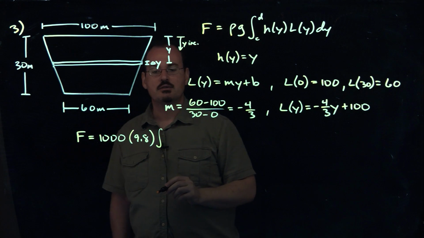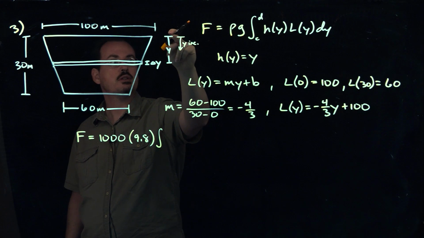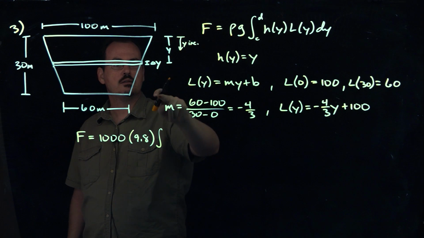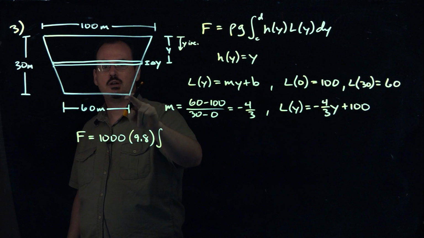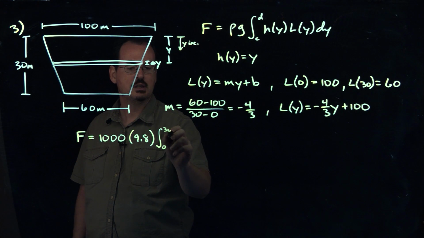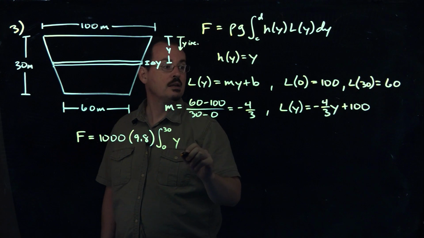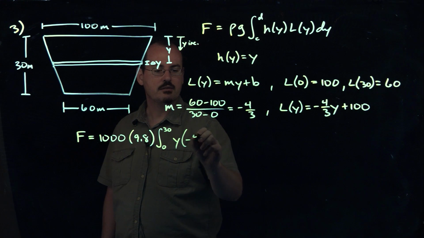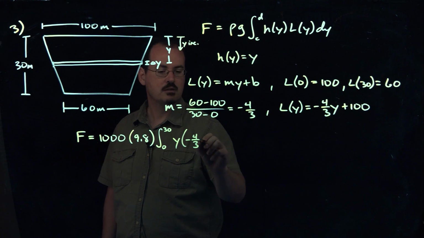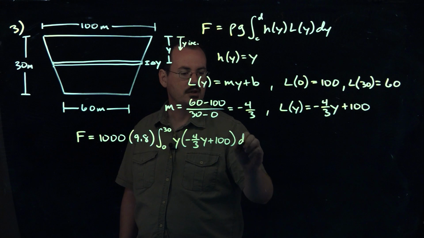So the integral we're looking for: the starting value is 0 at the top of the dam, and the last rectangle we could draw would be at 30, so we go from 0 to 30. h of y we said was y. L of y we just found, negative 4/3 y plus 100, and then dy.